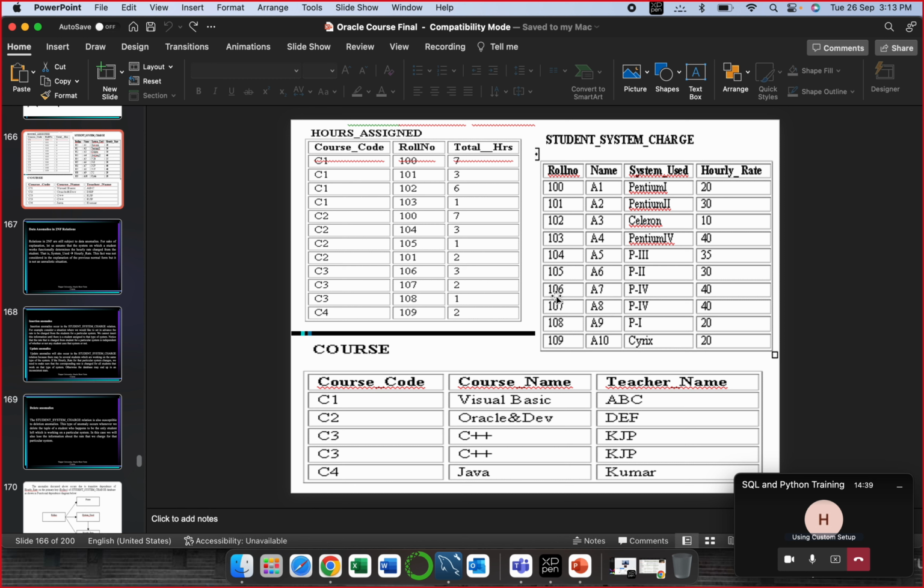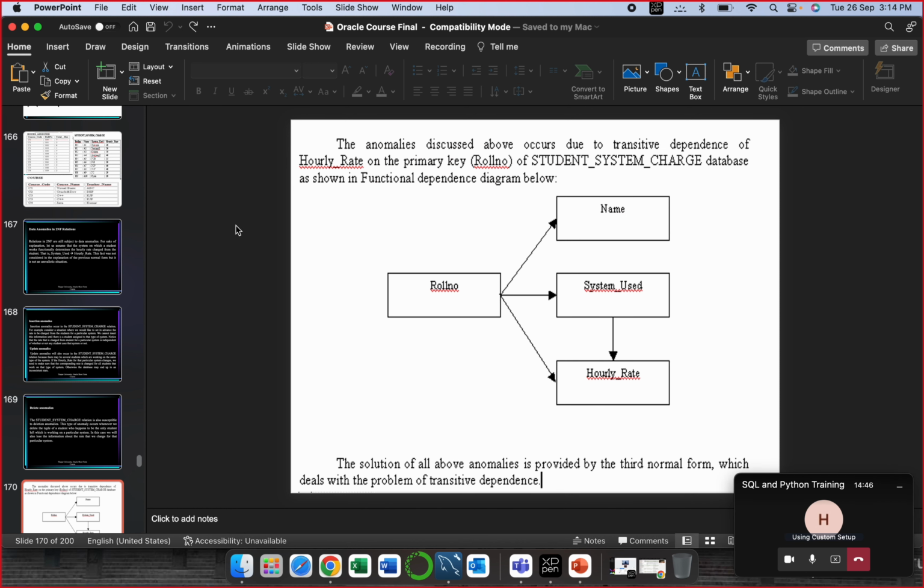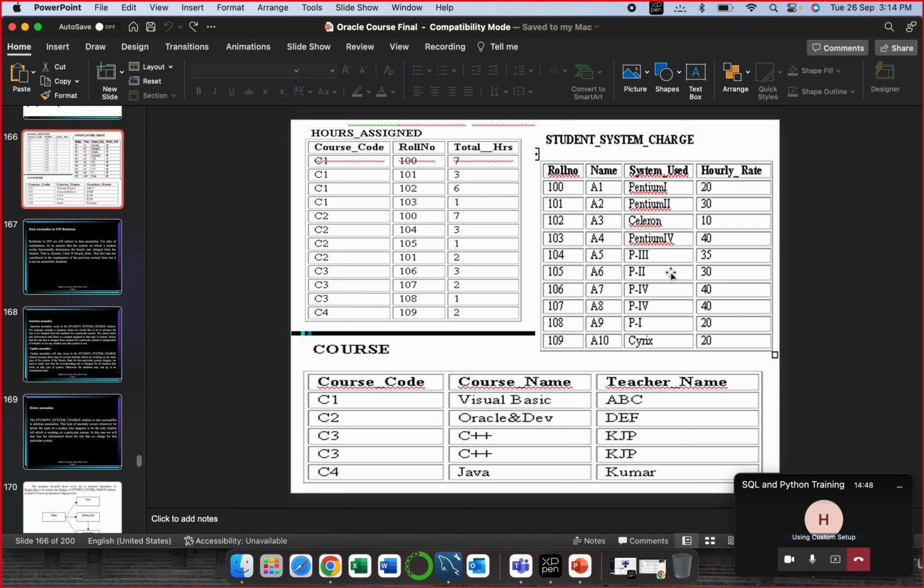So in third normal form, a new thing that comes into picture is the transitive dependence. Transitive dependence is something like I mentioned over here in this table, we have system used and hourly rate. So hourly rate is dependent on the system used. So I cannot say that roll number is the only primary key that can identify name, system used and hourly rate.